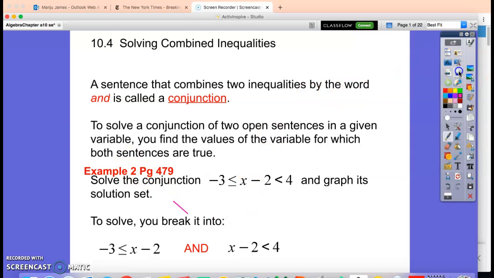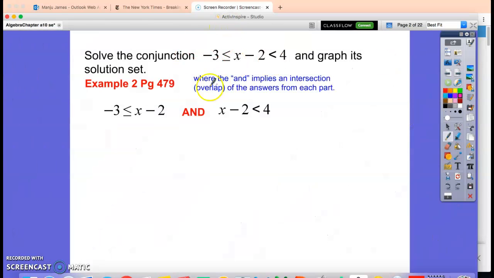Let's look at it. To solve it, I add 2 to both sides. So I get -1 ≤ x, and adding 2 to both sides, I get x < 6.